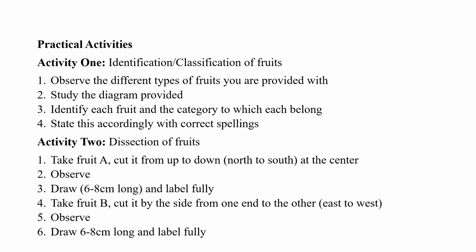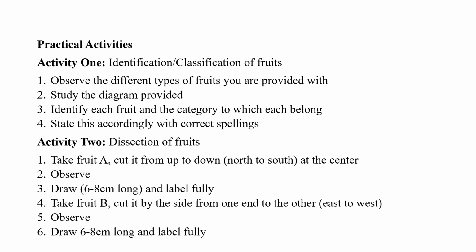Then activity 2, we're going to do the dissection of fruits. You are going to dissect fruit A. You're going to dissect it longitudinally, that is cutting from north to south at the center. I think by now you know how to make a longitudinal section of a fruit. You are going to observe and make a drawing that is within 6 to 8 centimeters long, and label fully.